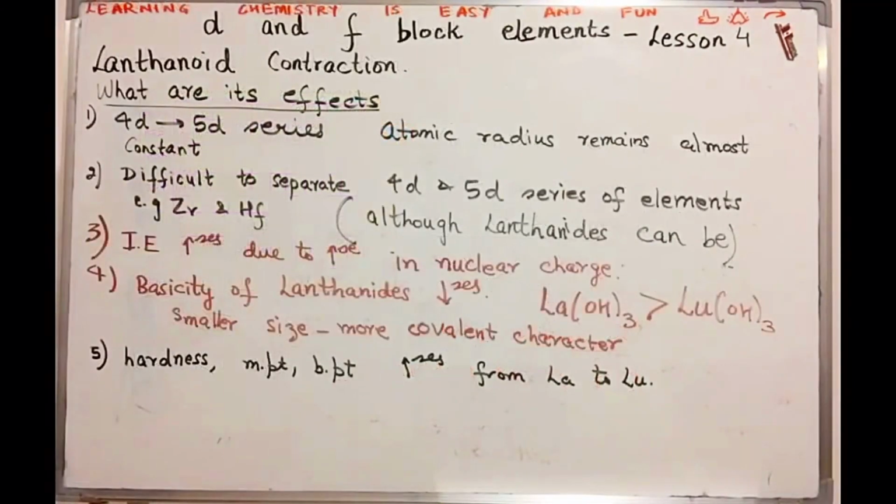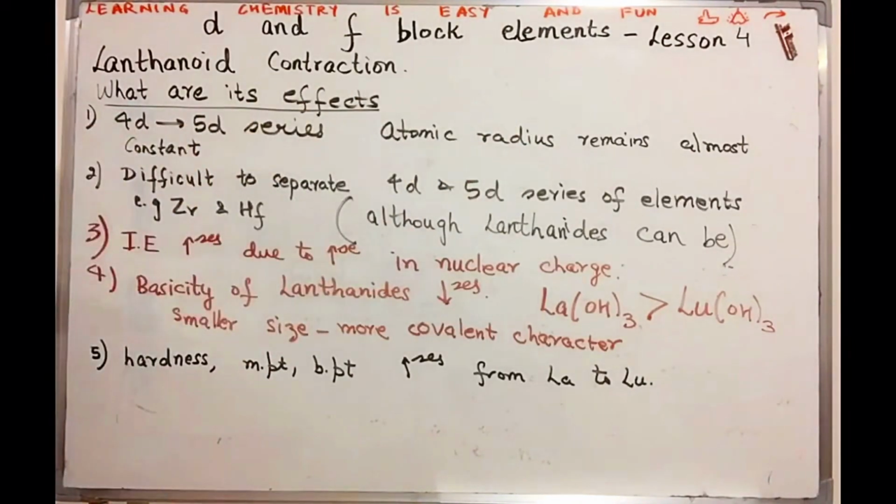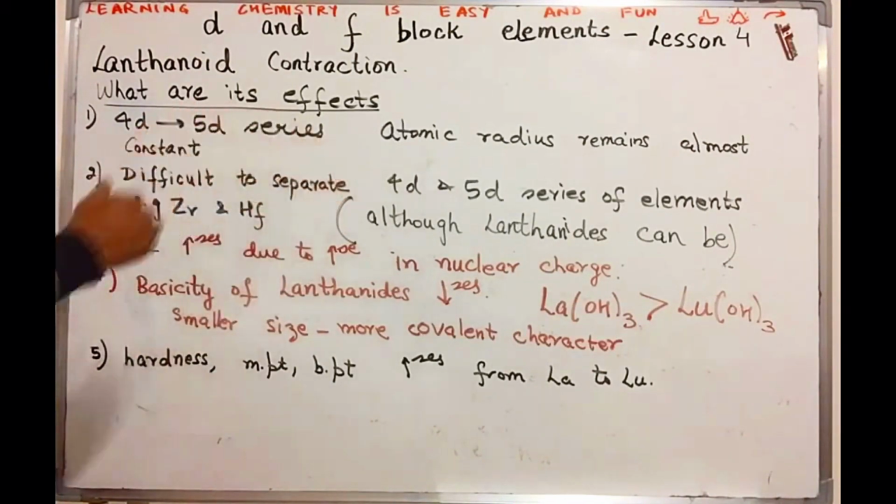So what are the effects of lanthanoid contraction? One we've already discussed. As we move from the elements of 4D series to the 5D series, the atomic radius remains almost constant. So what does it do if it is remaining constant? Because atomic radius is remaining almost constant, we will find it difficult to separate the elements of the 4D and the 5D series.